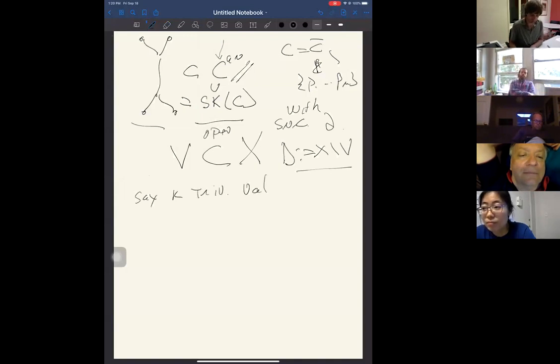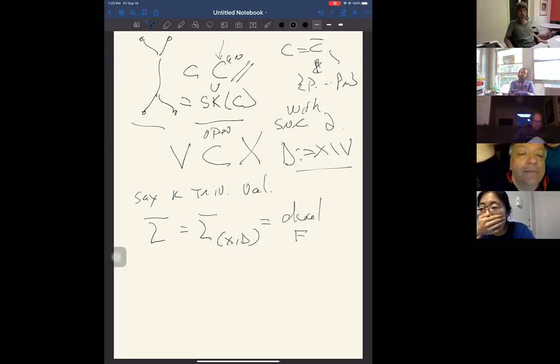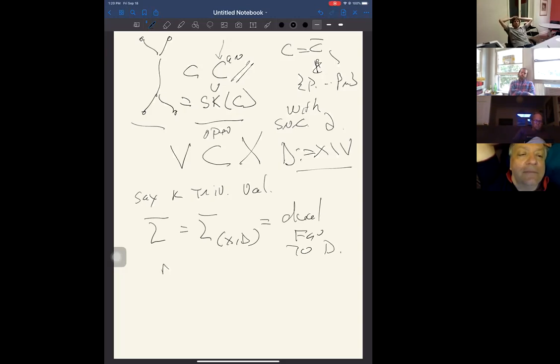Trivial valuation. And then we do just what Bernd was doing. Let's take sigma, which is really sigma XD. That's just the abstract dual fan, the dual fan to D, or maybe to XD. Just like Bernd said, the rays correspond to the irreducible components D_i of D. And it's a simplicial fan.